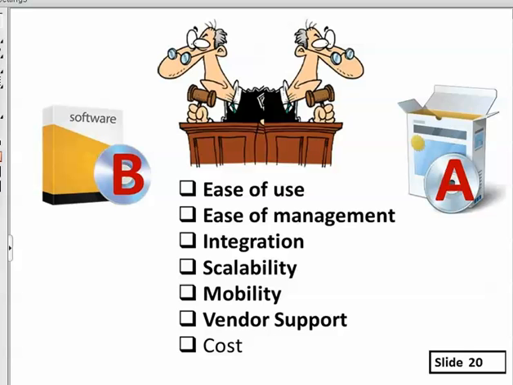So cost is an element, but notice it is the least important of the elements. And an old adage that I learned in sales is basically you get what you pay for. If you buy the cheapest thing, you get the cheapest thing. If you're willing to pay a little bit more money to get quality, then you can get quality.